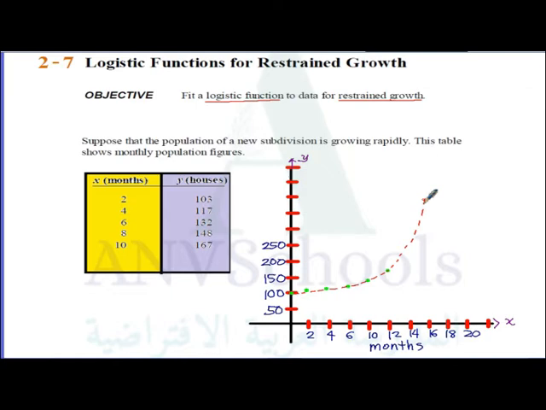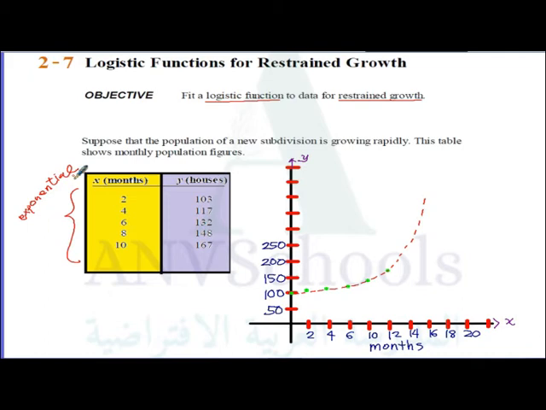So for a certain amount of time, the pattern is somewhat exponential. But in reality, we know that a subdivision will be filled with houses such that the growth of the population of houses will be restrained.